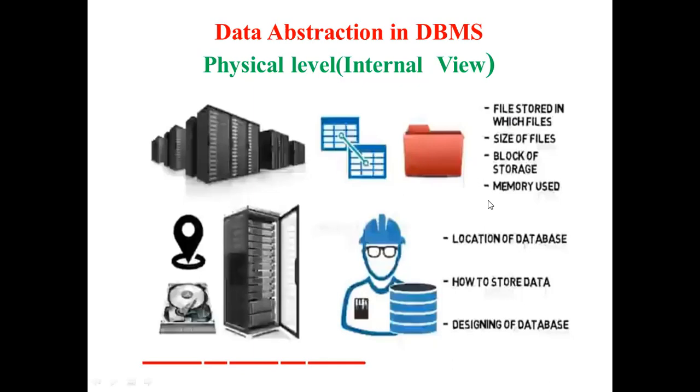What is the size of the files? What kind of data are you using there? What is the format, that is, is the data stored in bytes or words? What is the location, meaning the address? What is the logical address, physical address, offset address? All these points are considered at the physical level.